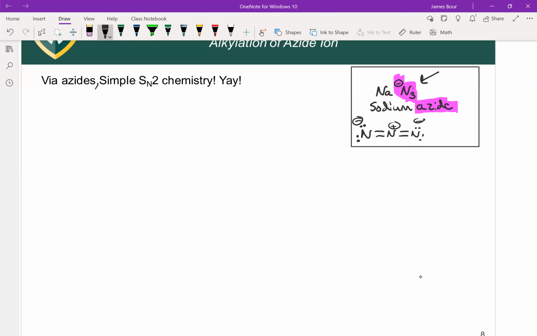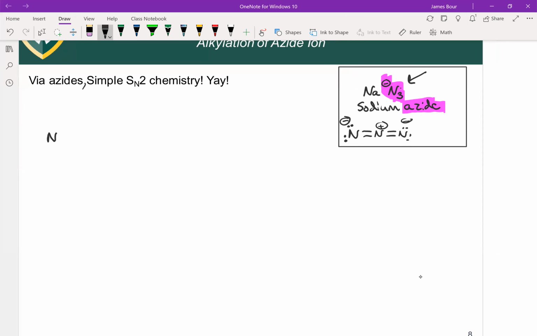And azide can behave as a nucleophile. In the context of amination, what this looks like is our azide anion, drawn over on the right here, can react with an electrophile. In this case, we'll use our trusty ethyl iodide. I'll draw it out.